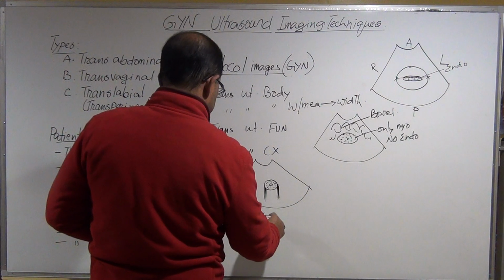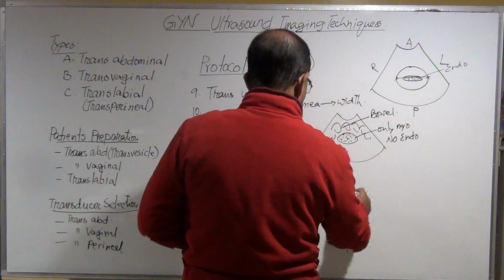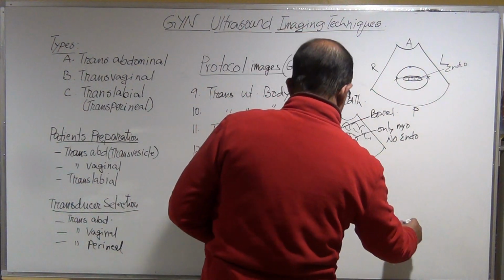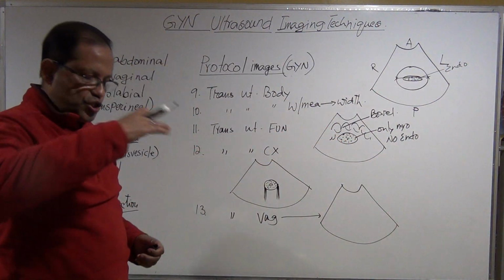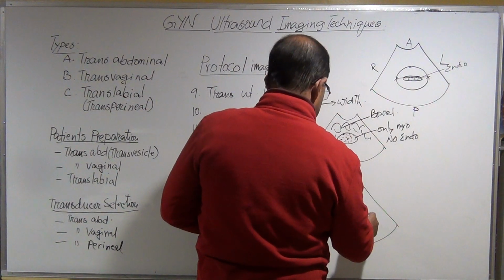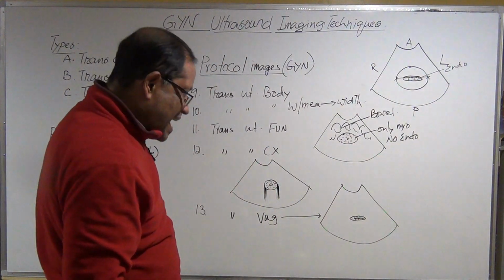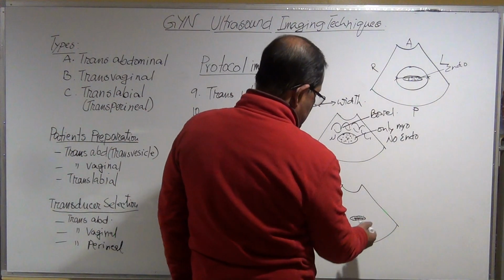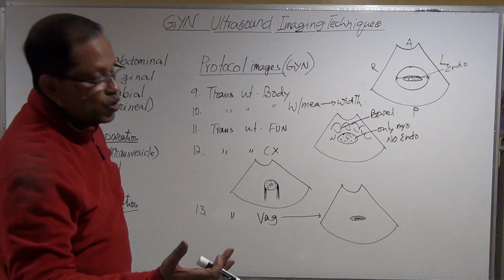transverse vagina. This transverse vagina, how does it look like? Vagina is posterior to the cervix, so then you will see the vaginal lining inside, and the rest of them are vaginal musculomembranous tissue.